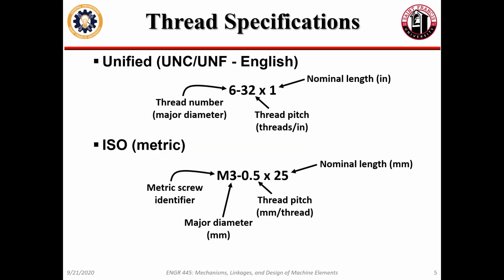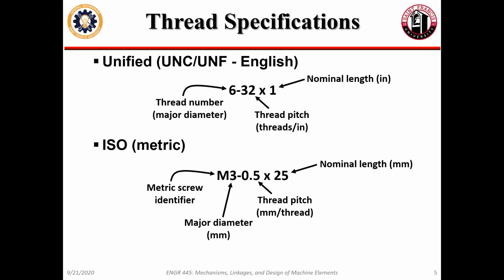An M3x0.5 screw has a major diameter of 3 millimeters. So that'd be one of these guys. So a 3 millimeter diameter screw, and each thread is 0.5 millimeters apart.